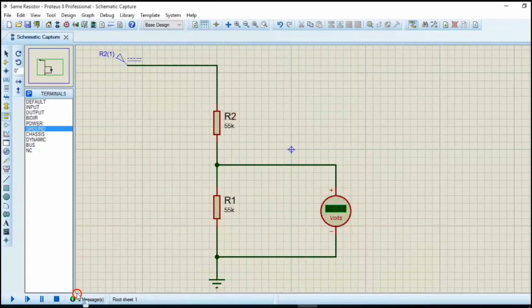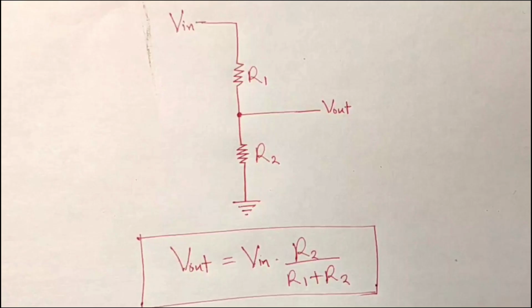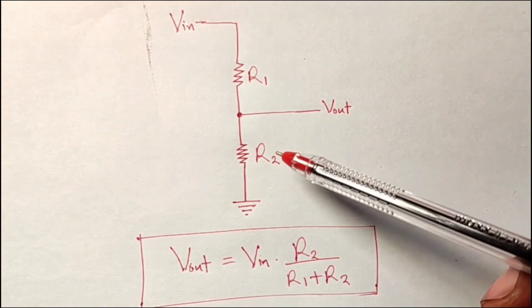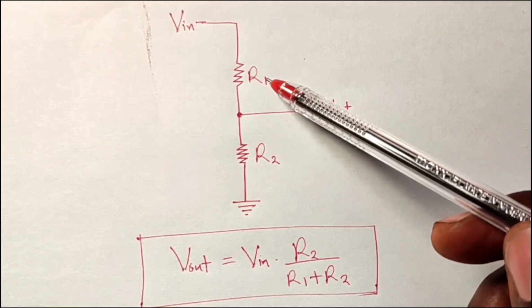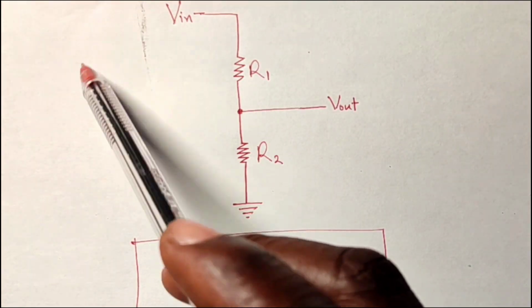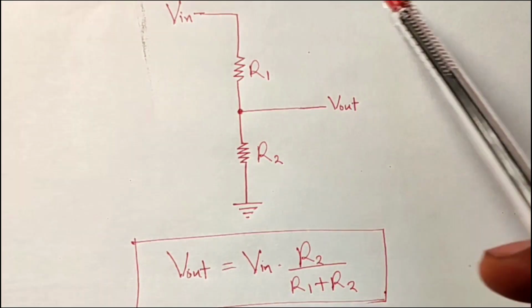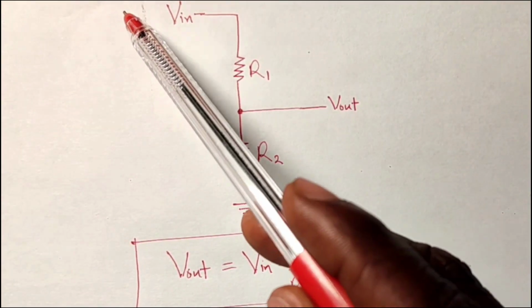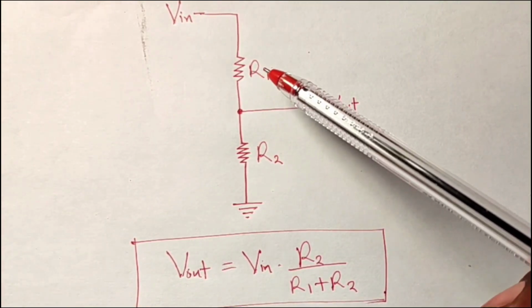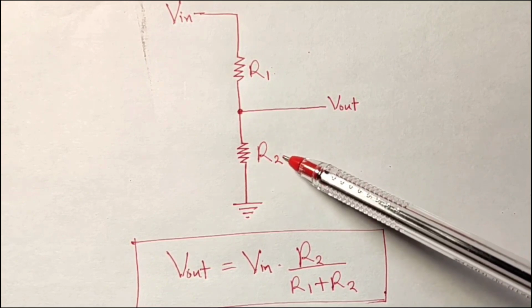So now let's move on to analyze another scenario. Right now we want to test for another condition where R2 is far greater than R1. But before that, let me make something very clear to you. In a voltage divider circuit, there are two major resistors, R1 and R2.